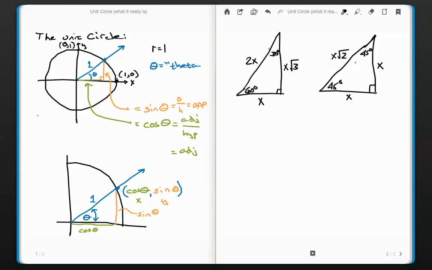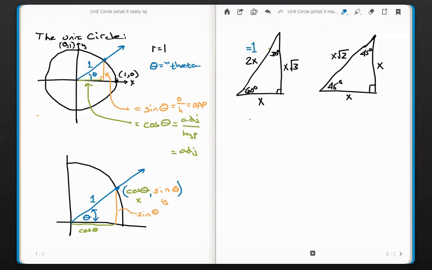Now, why am I talking about the unit circle? Why am I talking about these guys here? What if I said that this hypotenuse equals 1? So a special case where I take this triangle and plop it down onto the unit circle, and the hypotenuse equals 1.